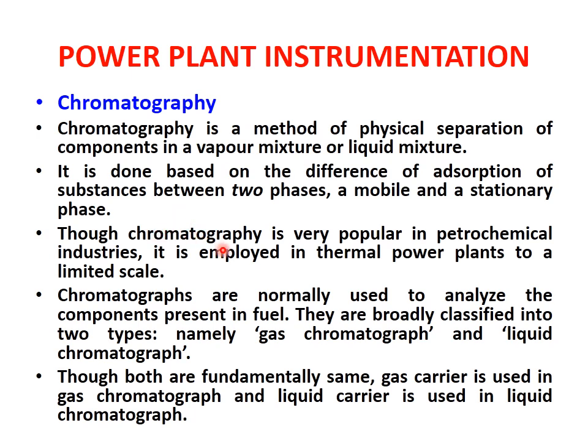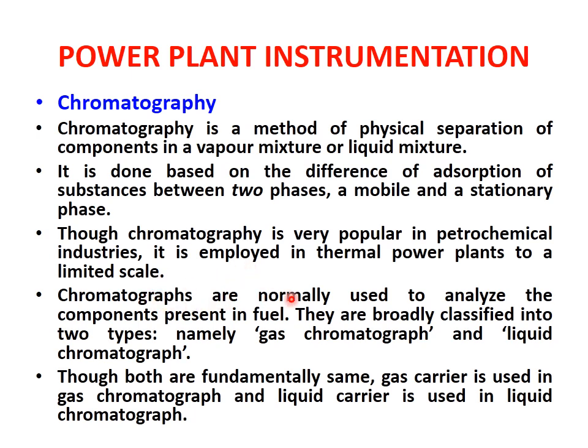Though chromatography is very popular in petrochemical industries, it is also employed in thermal power stations to a limited scale. Mostly this type of process is seen in petrochemical industries, because in that type of industries we require continuous phase change of the mixture from vapor to liquid or liquid to vapor.